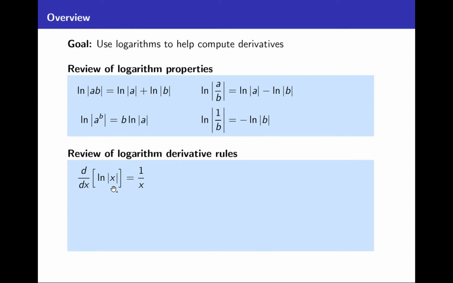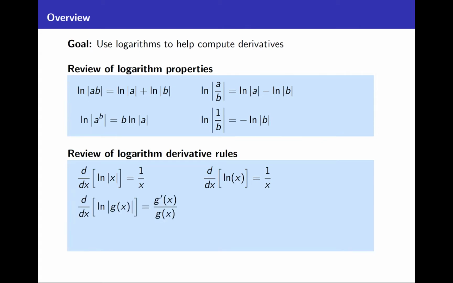And sometimes when we don't care about x being negative, we're only thinking of x as positive, we might not take that absolute value. The derivative of ln of x equals 1 over x. And here x has to be positive, so it's in the domain of ln. These two are essentially the same rule. This one's a little bit more general, so that's the one we use most often.